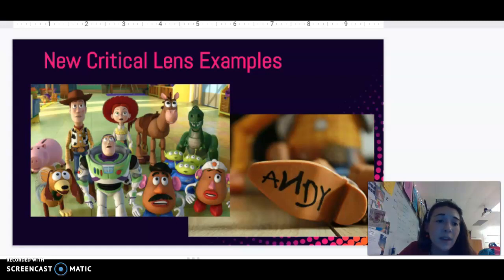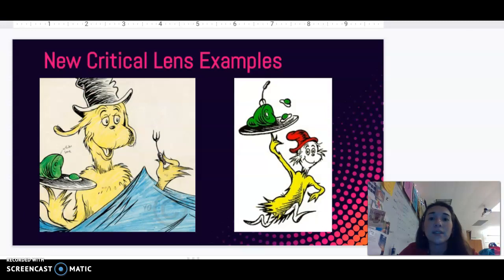Another one would be Sam I Am, Green Eggs and Ham from Dr. Seuss. So within this story, you could look at the rhyming text, specifically that Sam, the little gentleman here with the ham, over on this side, has much shorter segments than our protagonist, who does not want to eat the green eggs and ham.